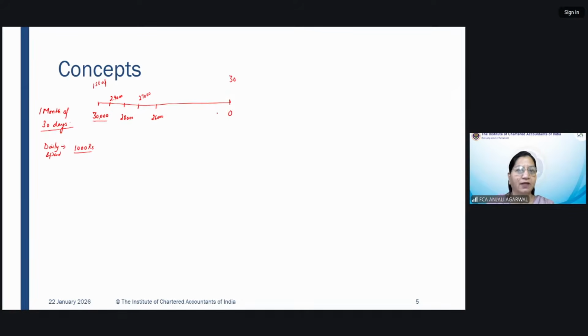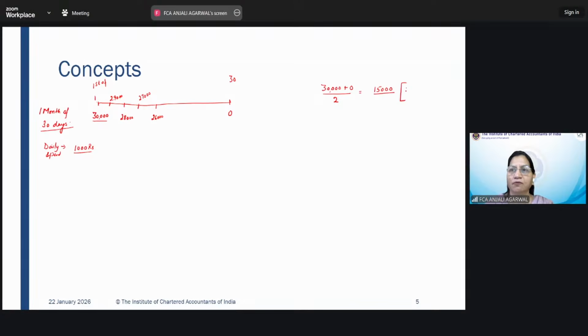So if I take the average money you had on 1st and 30th, what is the average money in your pocket on 1st and 30th? 30,000 plus zero on 2 days. So the average money you had on the 2 days is 15,000, on 1st of the month and 30th of the month.